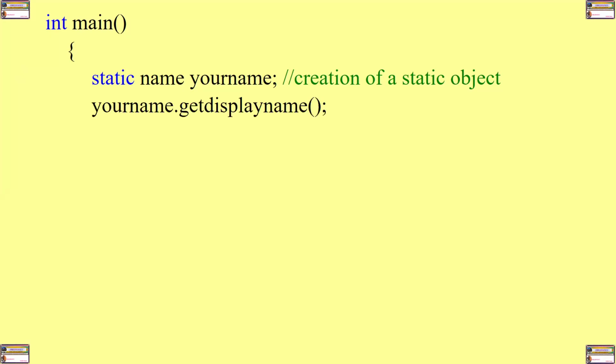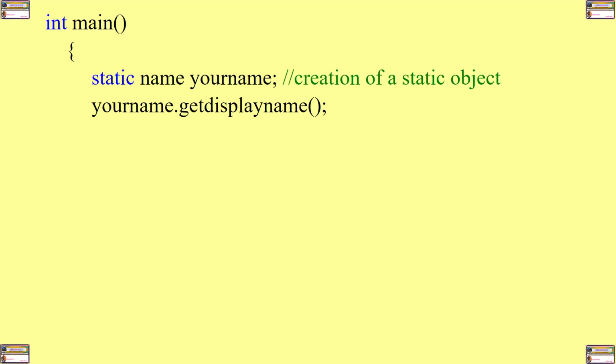And then we have our next statement here, which is for invoking a member. This member is called getDisplayName, and it is accessed through the object or the instance of the class called yourname.